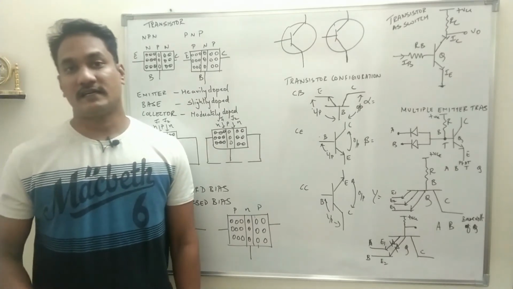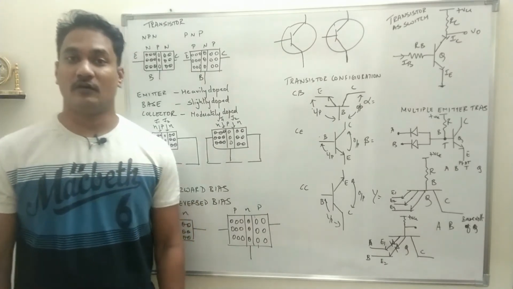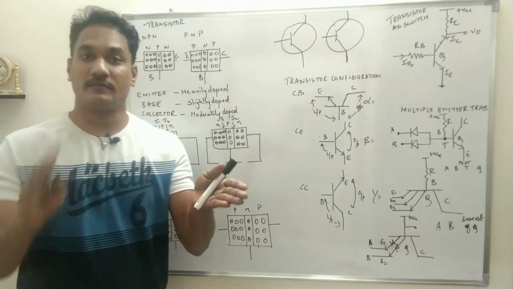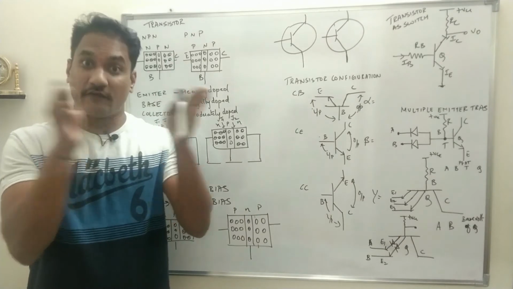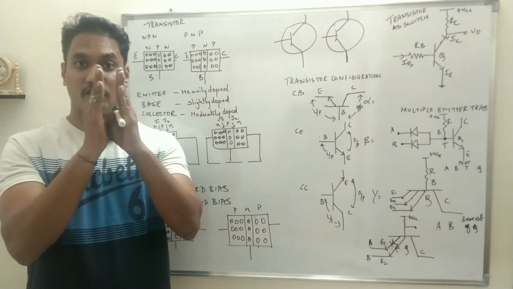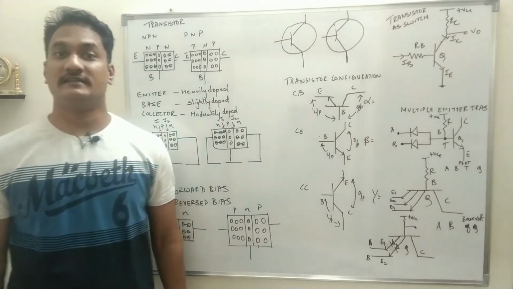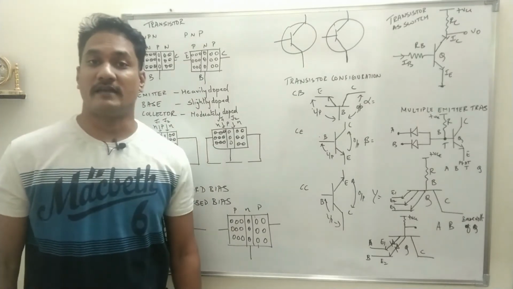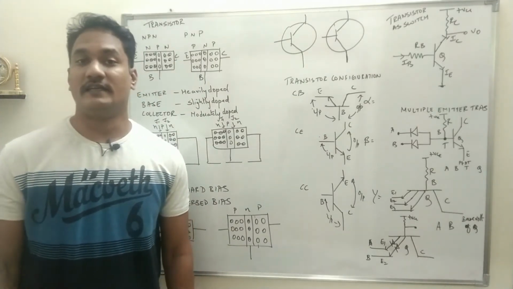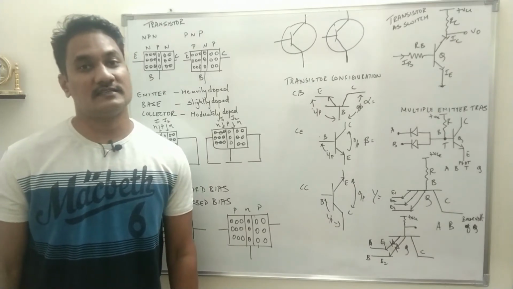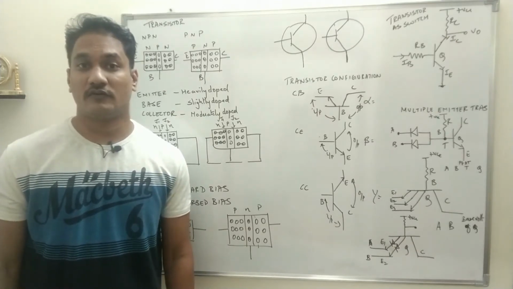In reverse bias condition, opposite polarity is applied, holes are attracted towards the negative terminal, and electrons are attracted towards the positive terminal. Charge carriers move away from the junction, the depletion layer or potential barrier increases, and so the resistance offered by the diode increases, and of course no current will flow.